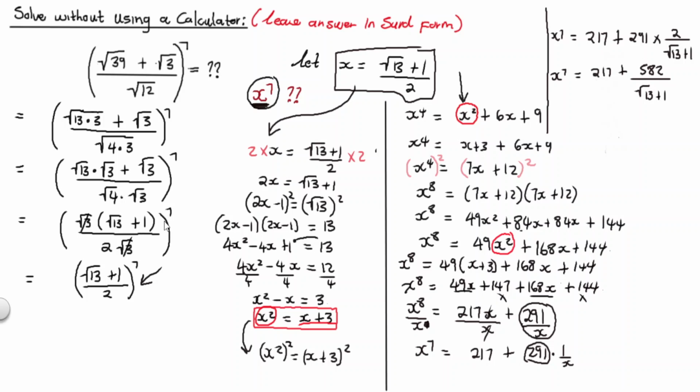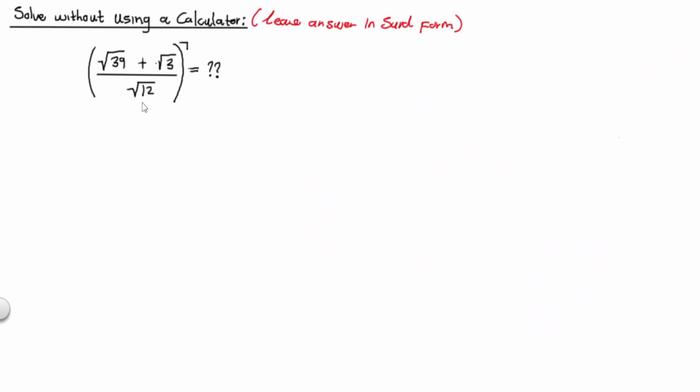So I'm gonna erase everything. This is where we stopped: x raised to exponent 7 is equal to 217 plus 582 divided by the square root of 13 plus 1.